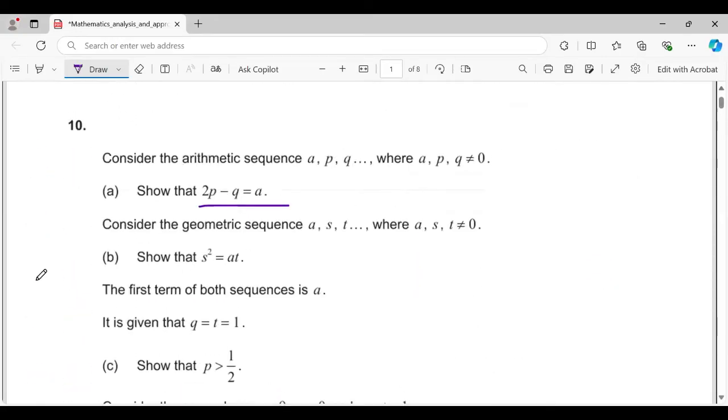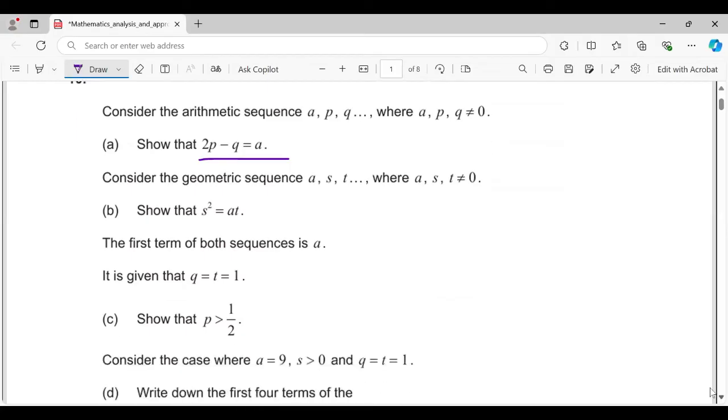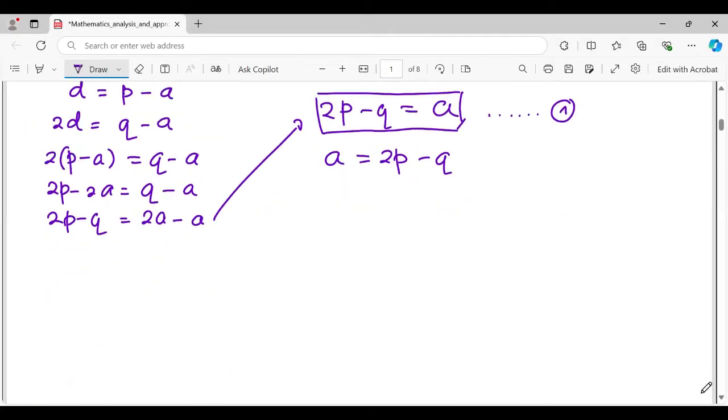And next, consider the geometric sequence A, S, T, so that S squared equals AT. The geometric sequence A, S, T, and so on.